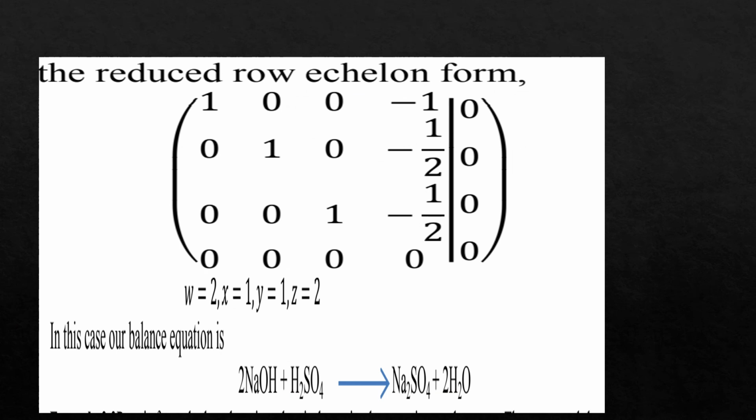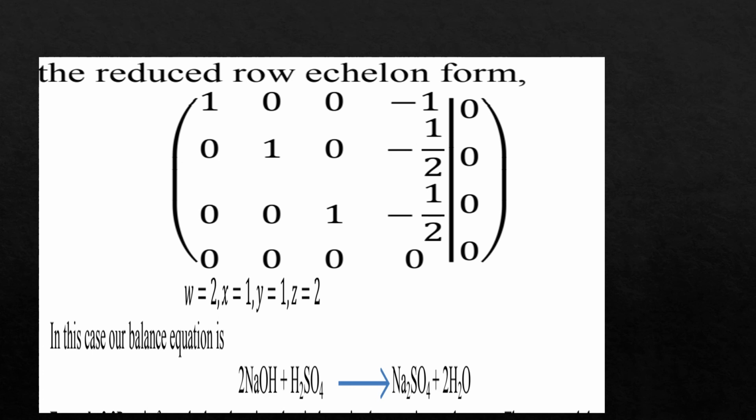When you take the reduced row echelon form, you have these equations. Instead of taking that as a fraction, if you want to treat it as a whole number, by multiplying this by negative 4 you can easily say Z equals positive 2, Y equals 1, X equals 1, and W equals 2.